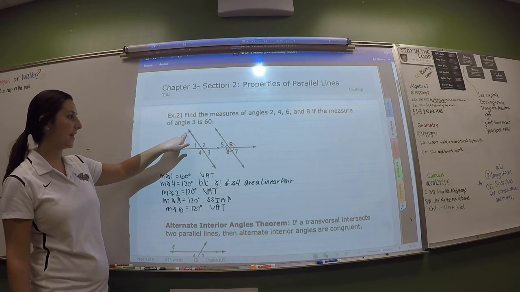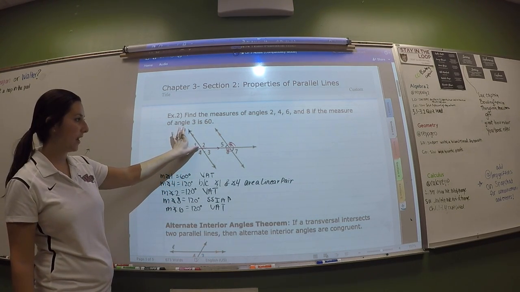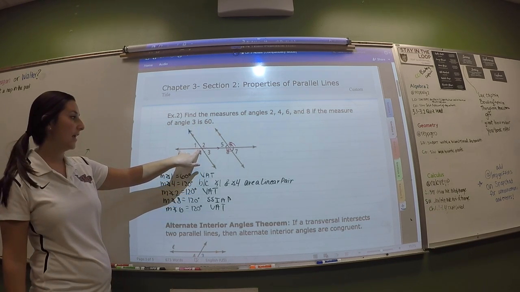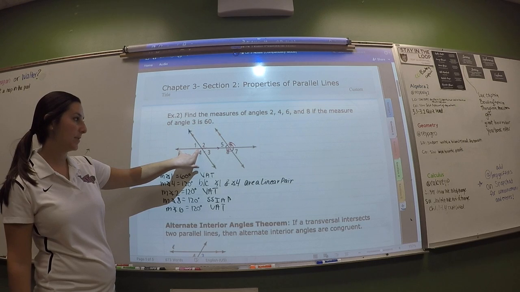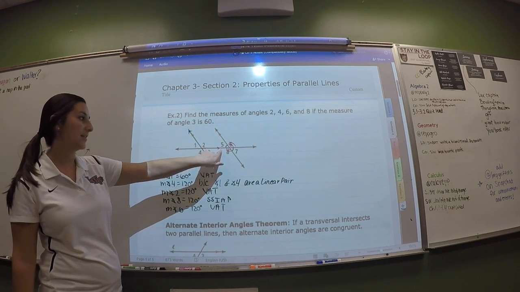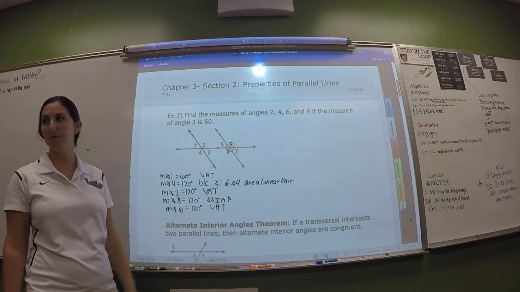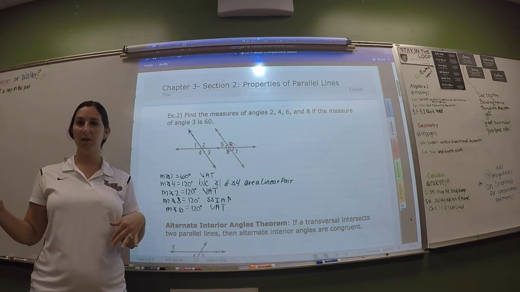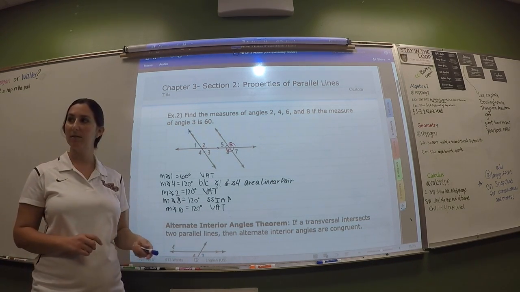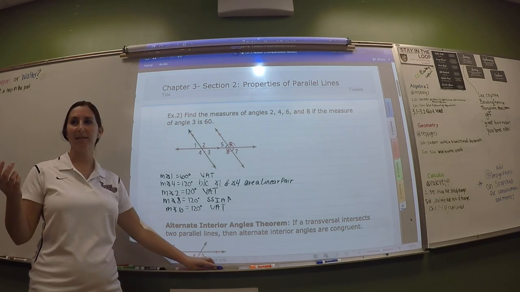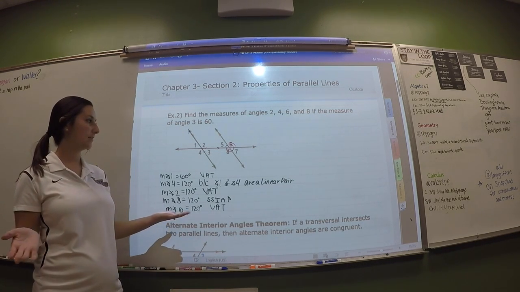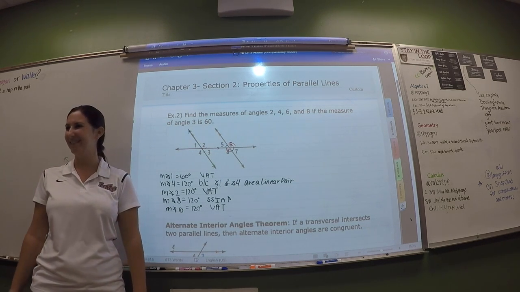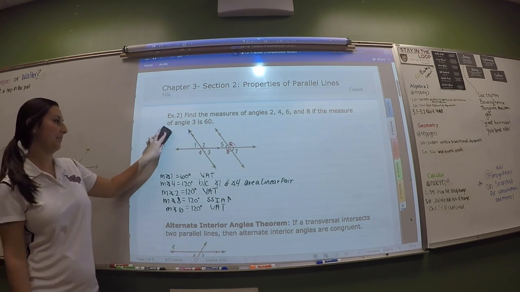This side is an opposite ray of the side of angle 3, and then angle 1's other side is an opposite ray with angle 3's other side. That's what a vertical angle is. So basically you could flip one over onto the other, exactly.